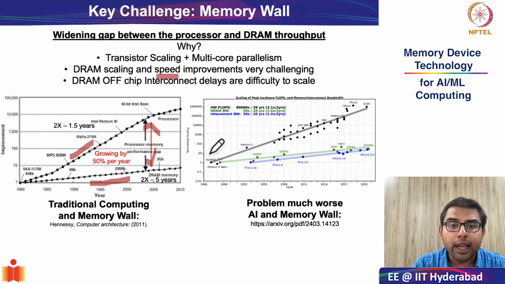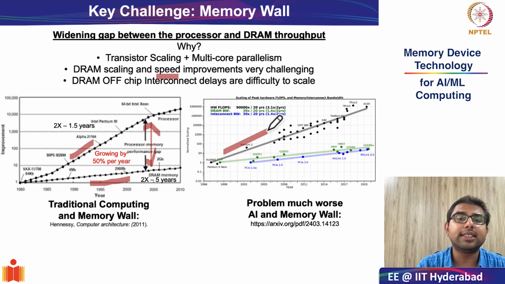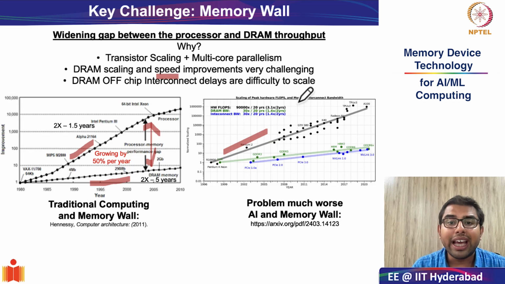So here, if we see the normalized performance improvements, we see that the FLOPS per second, which is the floating point operations per second that your processor can crunch out, is improving at a rate of 3.1x every 2 years.